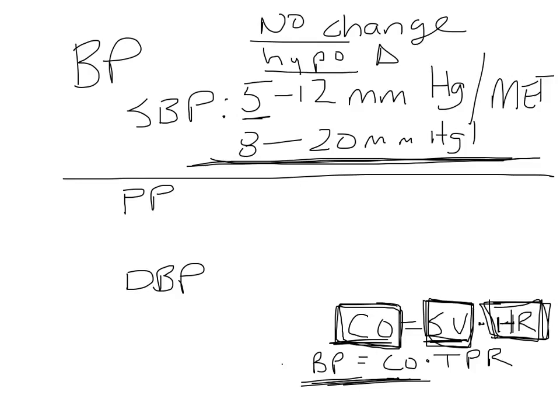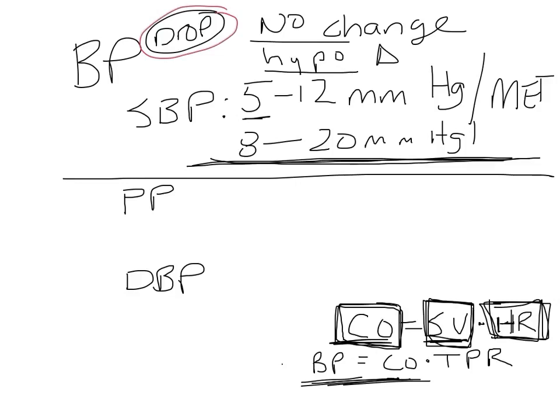And if there's a drop, that is an absolute literal red flag. So drops in blood pressure during increases in metabolic workload are a clear signal that the cardiac pump is not doing what it's supposed to do.